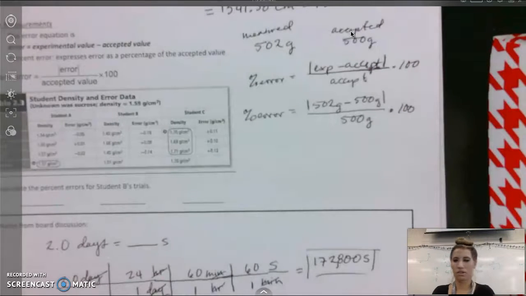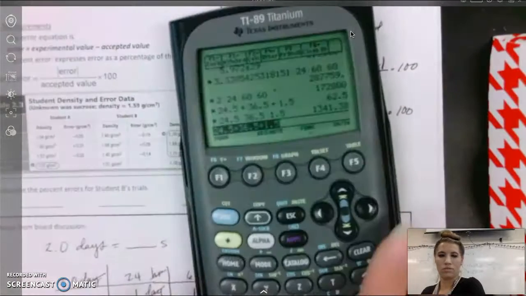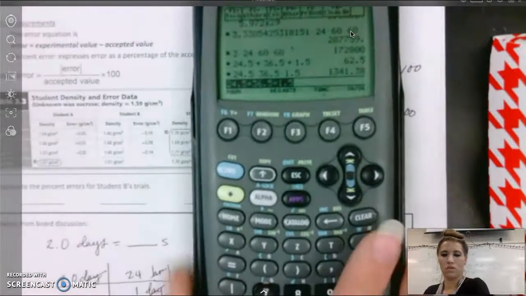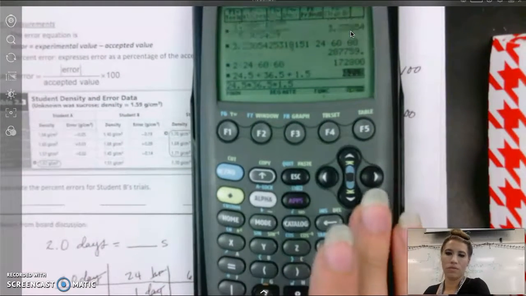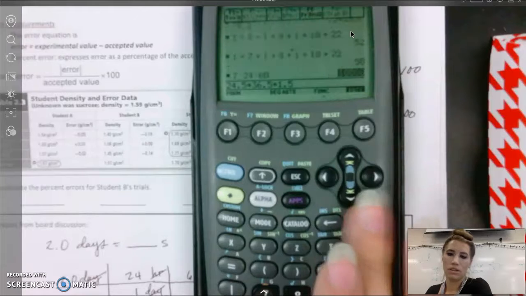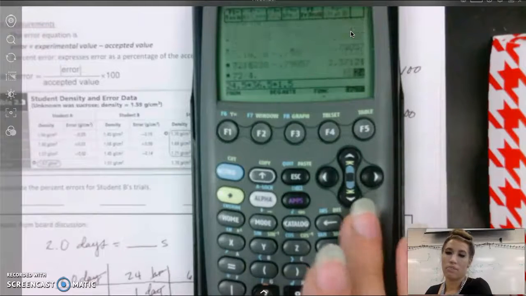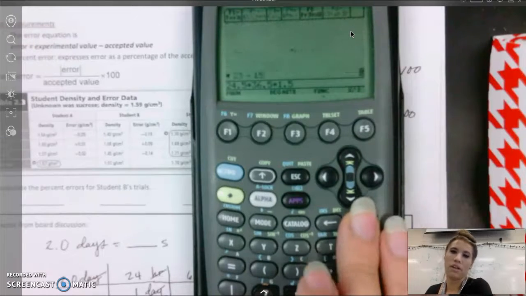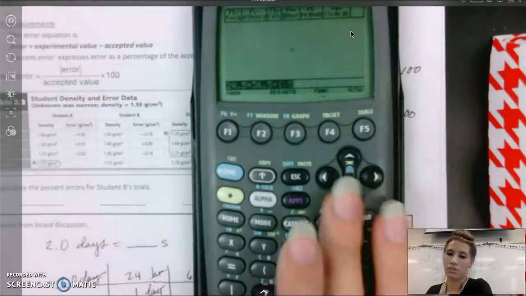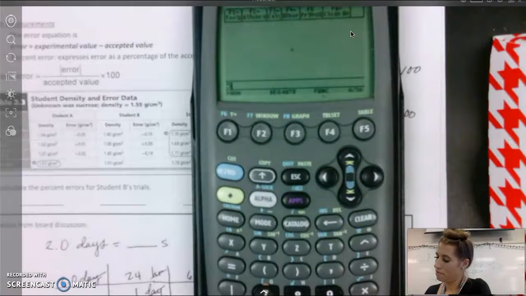Okay, so when I do this, I'm going to take that measured value, okay, and I'm going to minus it from the accepted.